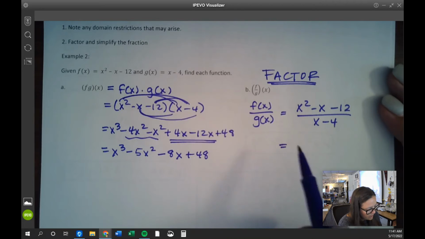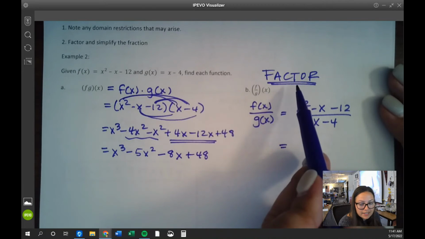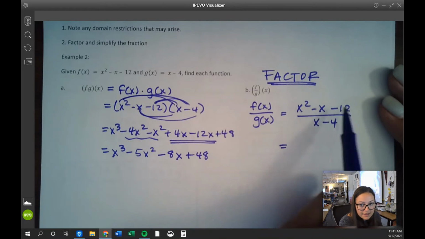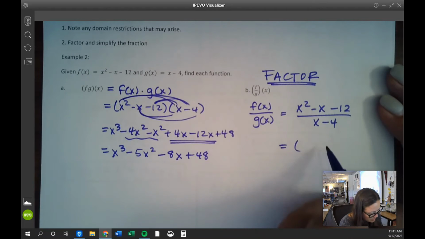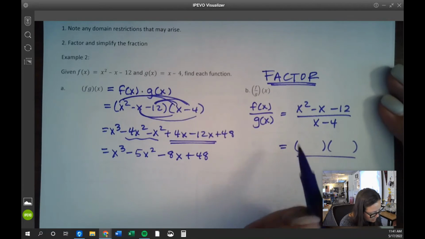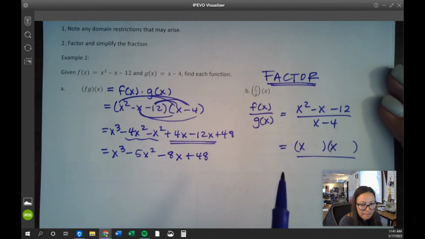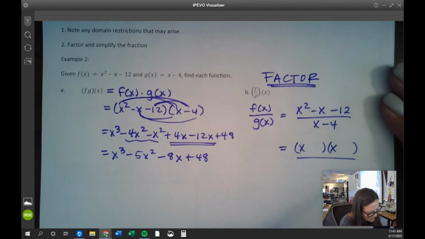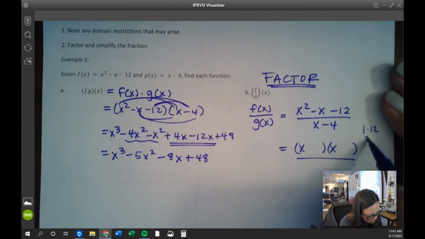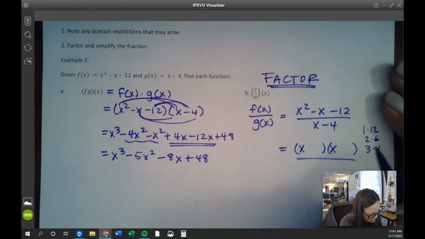Now, what did I say? The rule with this is to factor. The top of this fraction is something that I can factor. To get x squared, I have to have x and x. To get 12, I either have 1 and 12, or 2 and 6, or 3 and 4.